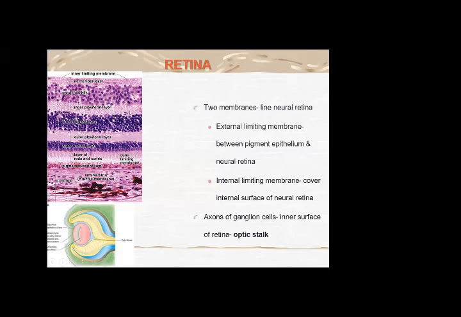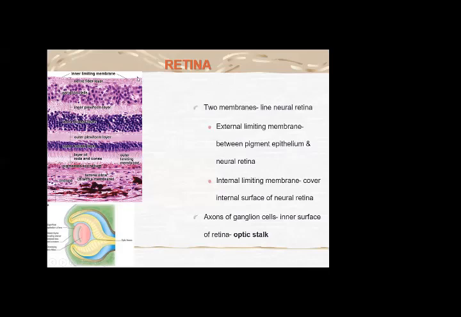From them, processes form the inner plexiform layer. And then you have a specialized kind of cells, the ganglion cell layer. And from the ganglion cells, you have the axons in the nerve fiber layer that form the optic nerve. And outside all this, the inner limiting membrane.